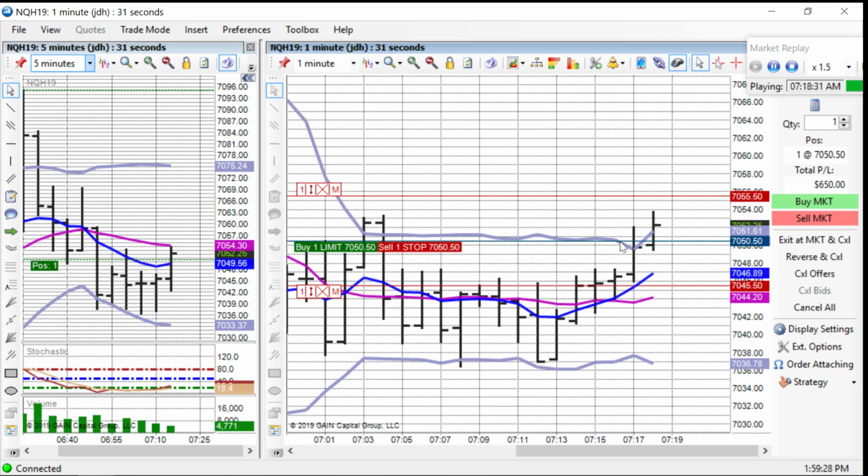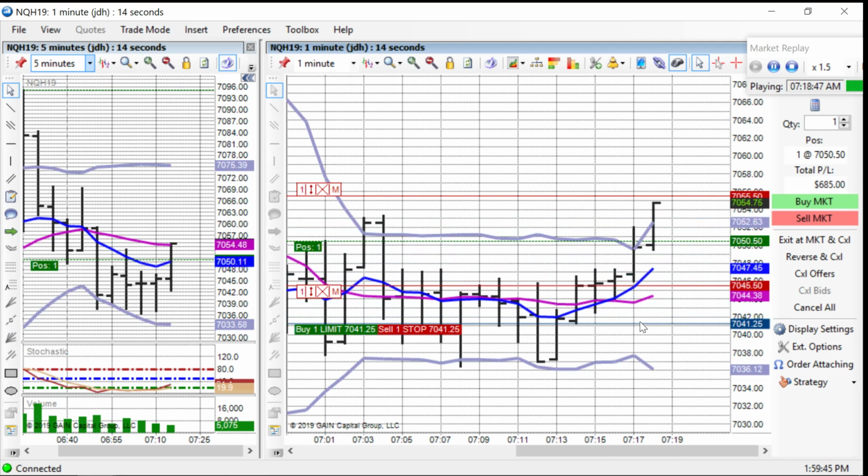This is what's so hard to put down in writing. There are times when you break the rules a little bit based on what you're seeing. I'm seeing a breakout of resistance here, and so I'm banking on that thrust outward to hit my target. So that's why I entered there, even though it's at the upper Bollinger Band.